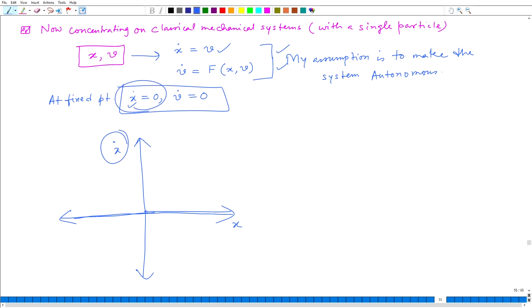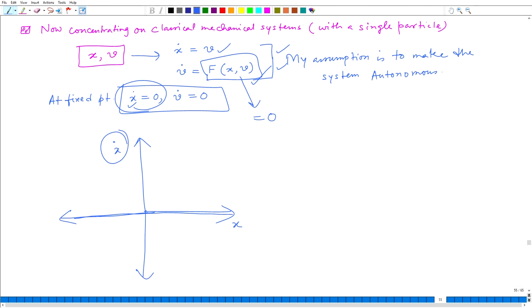Now, for v dot equal to 0, we have to say that f is also equal to 0, and for that we have to explicitly know the functional form of f as a function of x and v. I will do one example.